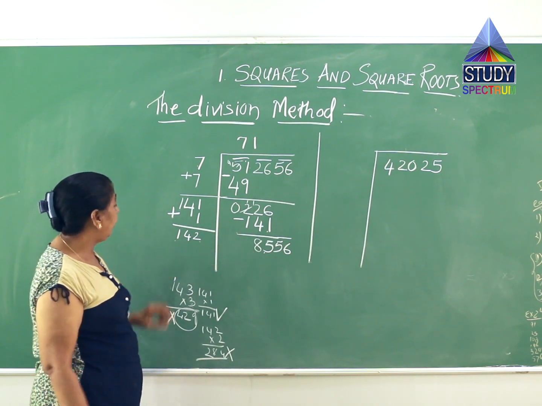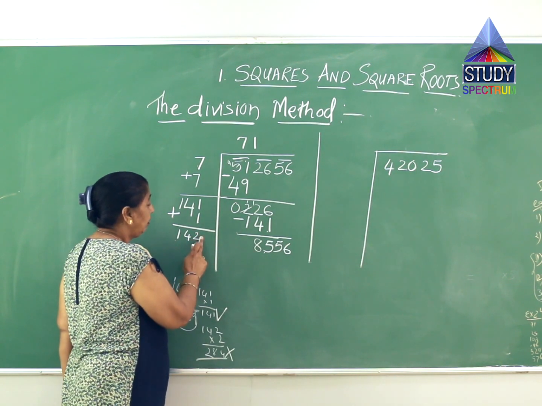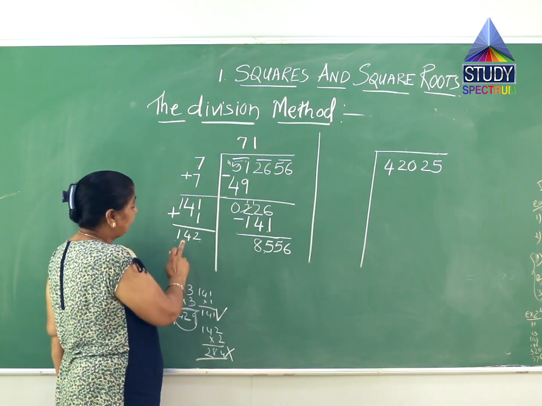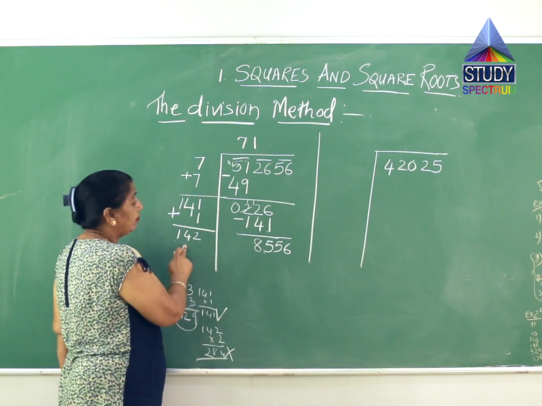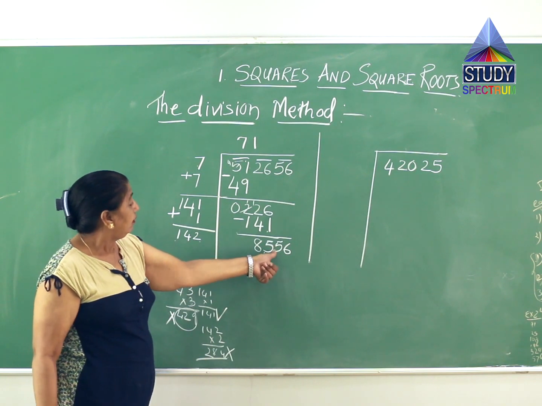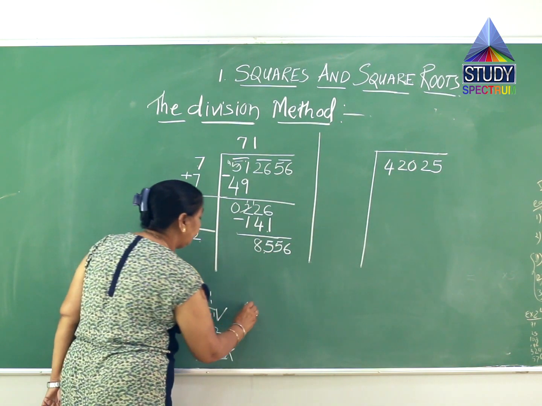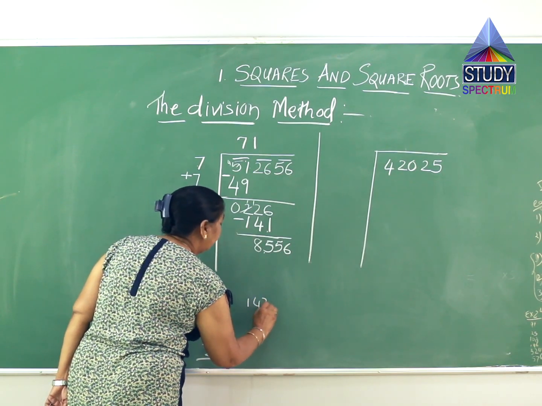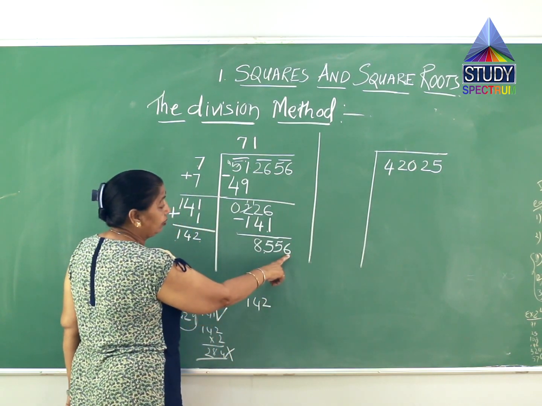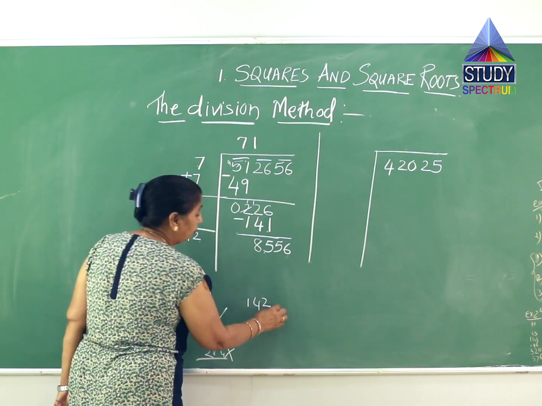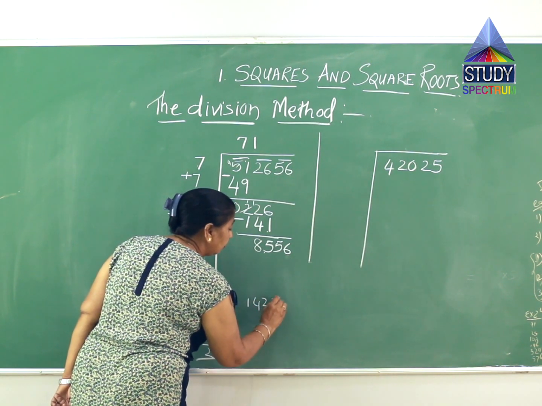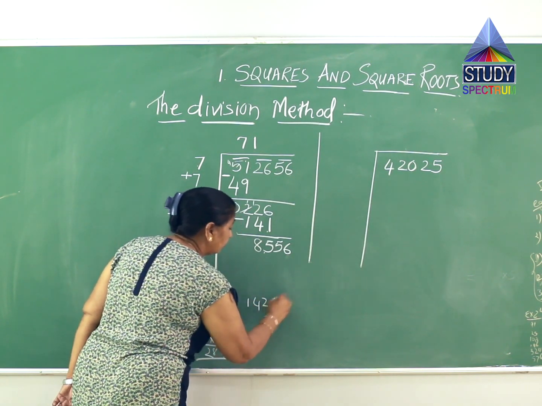Again I have to divide this number. For dividing it, I have to take such a number over here, so that multiplying by the same number, it should give me this number or near to this. So I will try again with the multiplication. As I know it's 6 over here, I will start with 6.